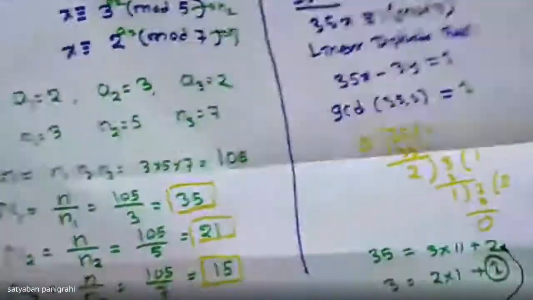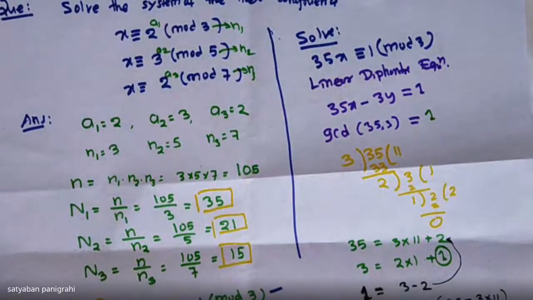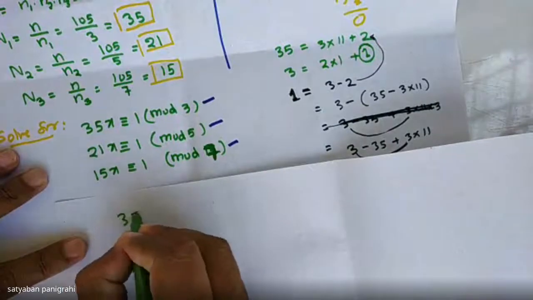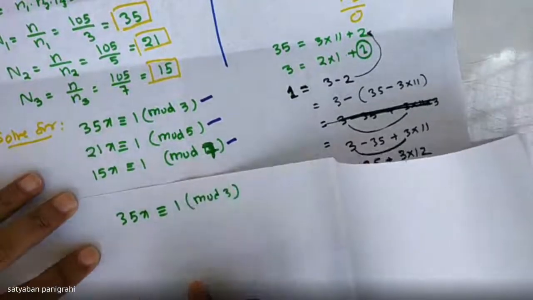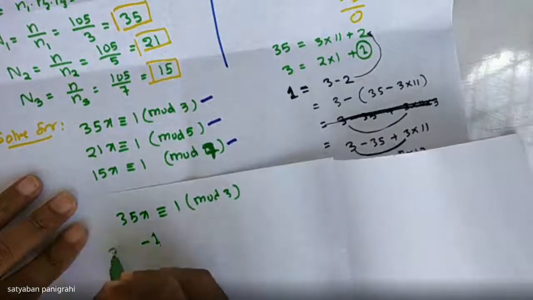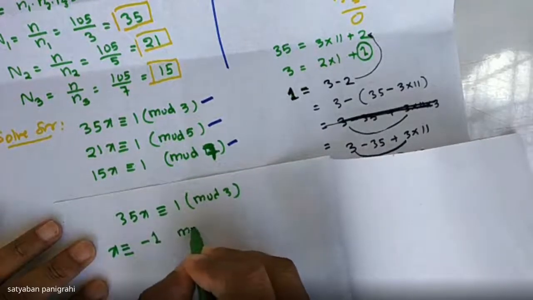Now by a similar process, now see what we have got. The solution of the first equation, 35x congruent to 1 mod 3, is x equal to minus 1. In a different way we can say x congruent to minus 1 mod 3.